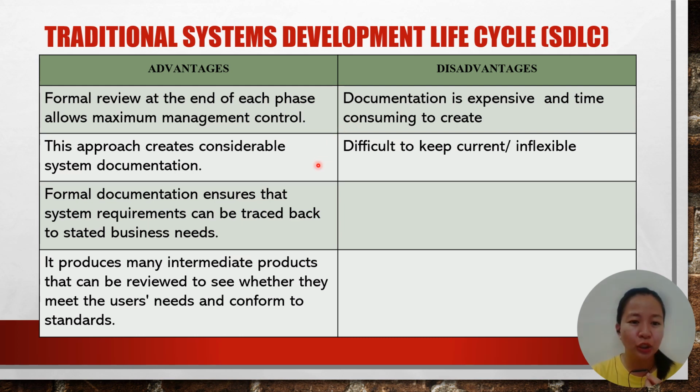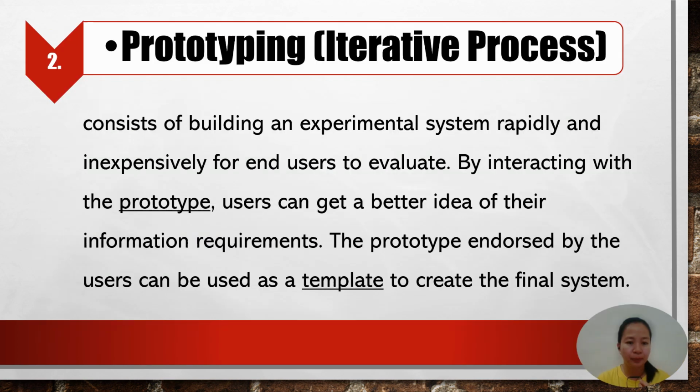Another advantage is that this approach creates considerable system documentation, while the disadvantage is that it is difficult to keep current, or it is inflexible. Another advantage is that formal documentation ensures the system requirements can be traced back to stated business needs, and it produces mainly intermediate products that can be reviewed to see whether they meet the user's needs and conform to standards.